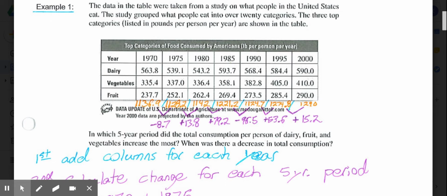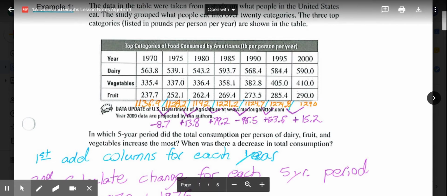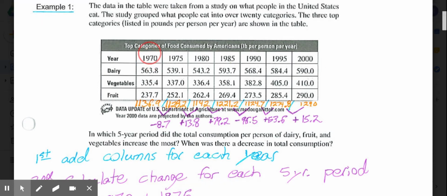So in order to get total consumption, the first thing I need to do is add the columns for each year. So obviously we're not going to add the year 1970, but we're going to take the dairy data, the vegetable data, and the fruit data and add it all together. So that's where these orange numbers came from below my table.